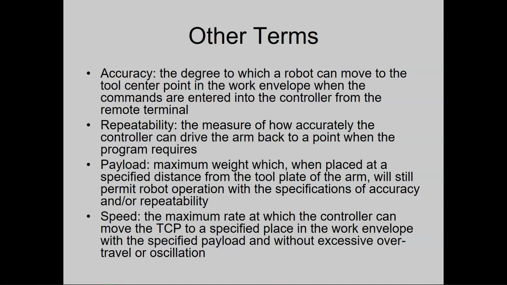And then lastly, speed. This is the maximum rate at which the controller can move that center point to a specified place in the work envelope with the specified payload and without excessive over travel or oscillation. So speed, again going back to the scenario I just put out, if you have your car overloaded, if you have it at your payload ability or above, and you are trying to deal with getting home with said payload, whenever you are moving it with that speed, you can end up with excessive over travel and oscillation.